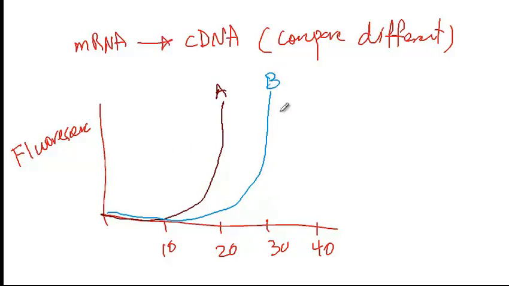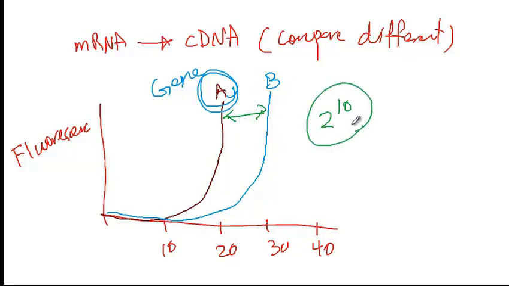Which of these is expressing the gene of interest at a higher rate? Sample A has the gene of interest expressed much higher because it only takes 20 reactions to reach the peak, while sample B takes many more reactions to reach its peak. So there is a 2 to the power 10 difference in gene expression. Sample A has 2 to the 10 power higher gene expression compared to sample B.